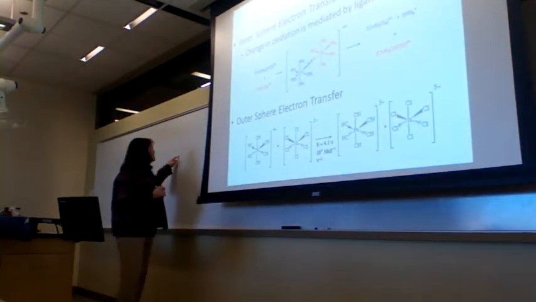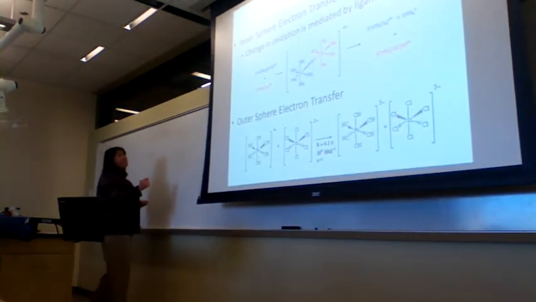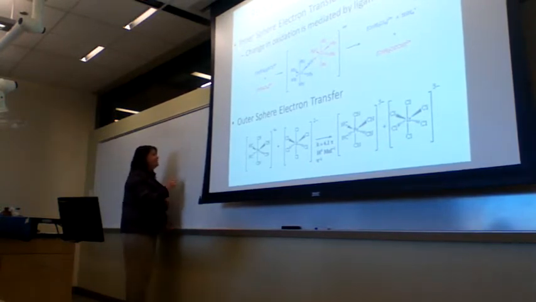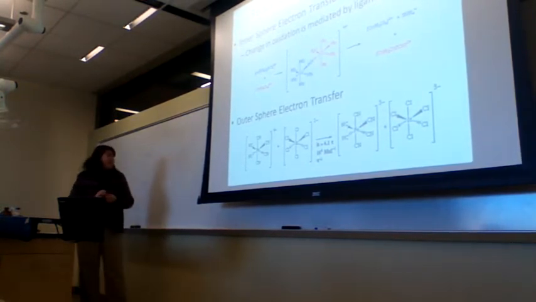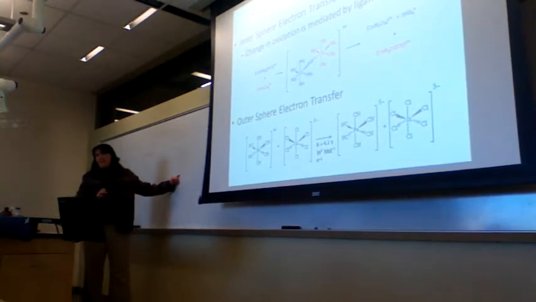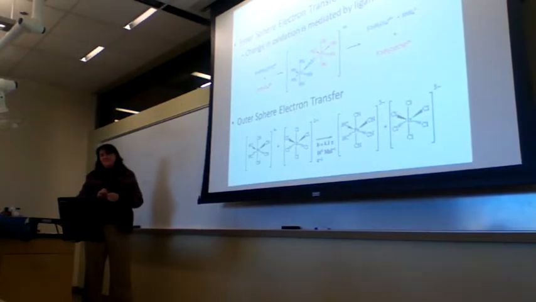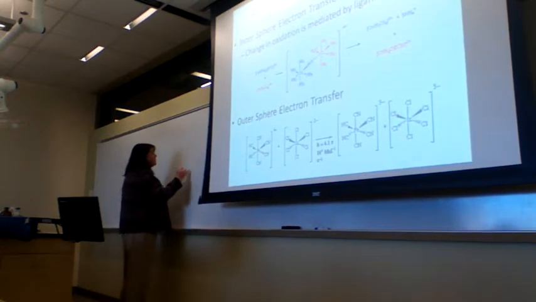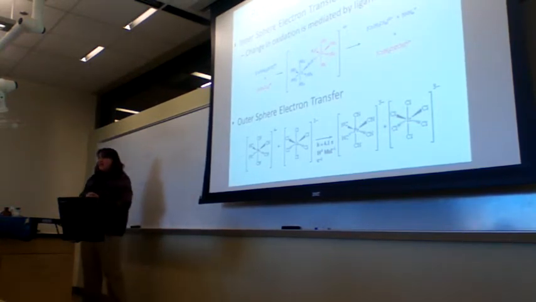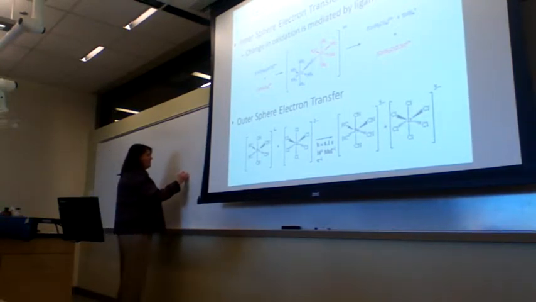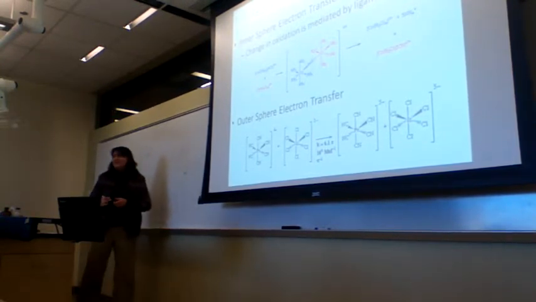How many d electrons does cobalt 2 have? D7. Okay, and then what about the chromium? D3. What about inert and labile? This is inert. D3s are always inert.